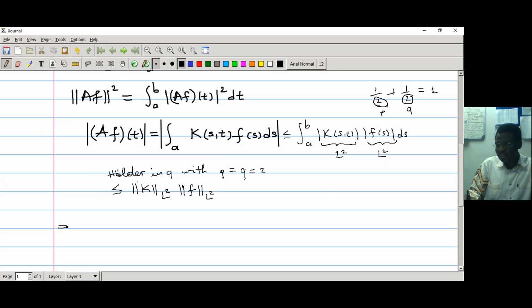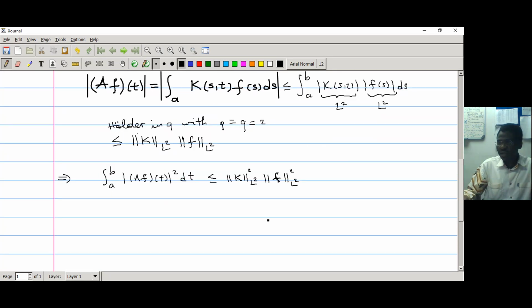So this implies that if you take the integral from a to b, absolute value of Af at t, square, dt, we squared this. If we square that, this will be squared, this will be squared. So that's less than or equal to the 2 norm of k squared times the 2 norm of f squared.